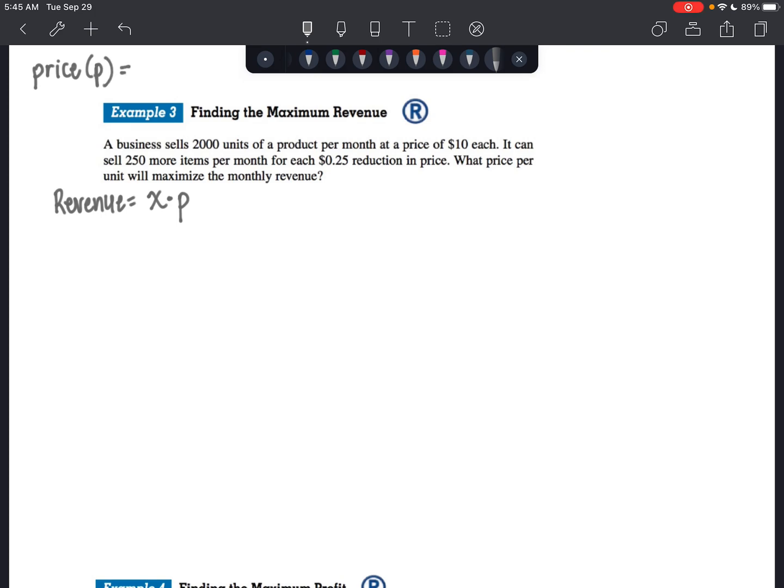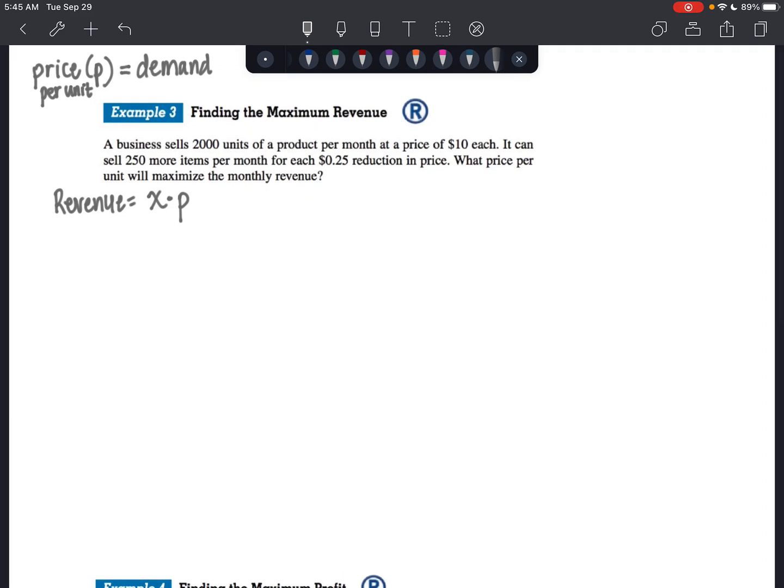your price function, which is lowercase p, is equal to what we call demand. And in an economics class or business class, they will call that demand, not price, but it is the same thing. So your price per unit, that's your demand.